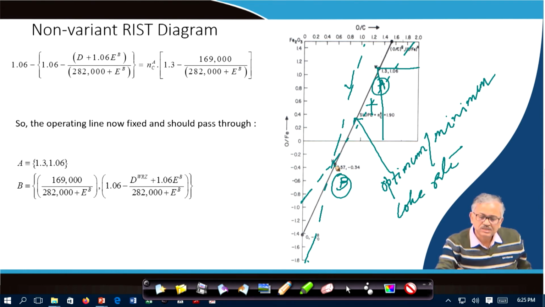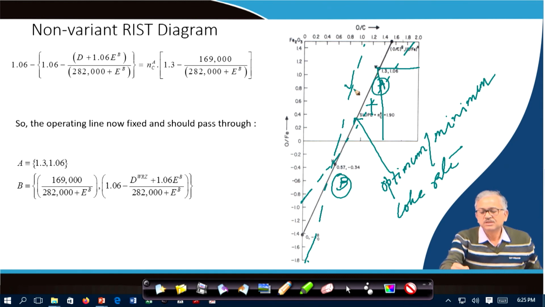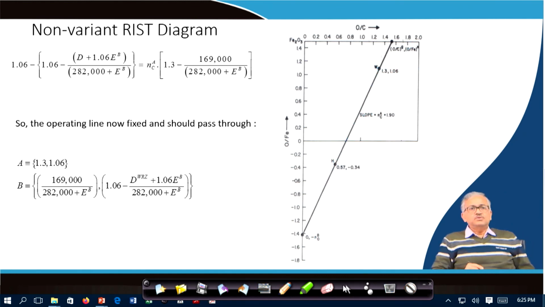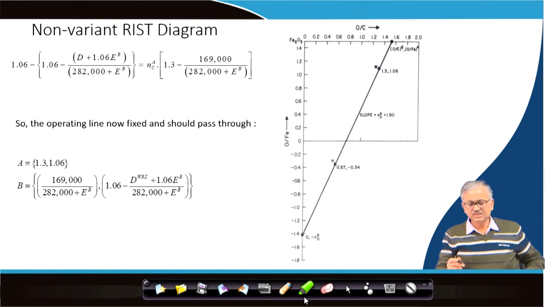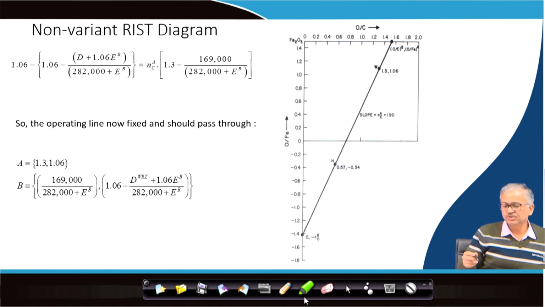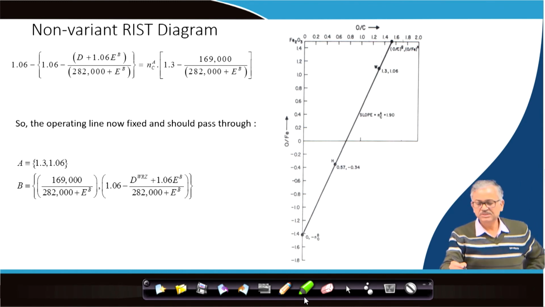All these three lines are passing through this H. This line is possible, but this line is not possible because it will not satisfy this point, the FeO equilibrium. This line will not satisfy, this line will satisfy, and this is the optimum line. So now we get that by doing the Wustite reserve zone heat and material balance, I get basically 2 points.